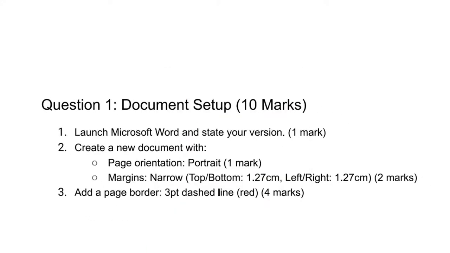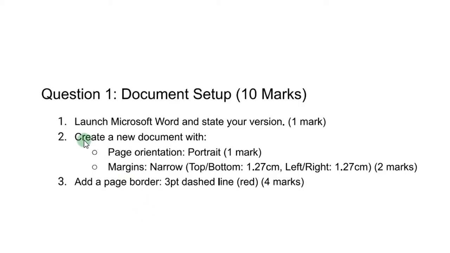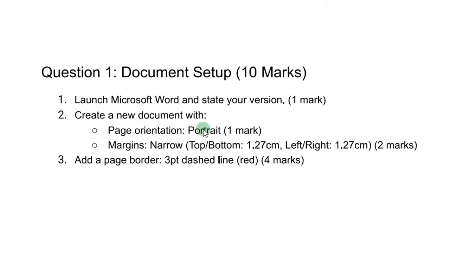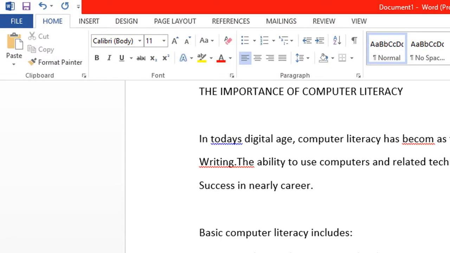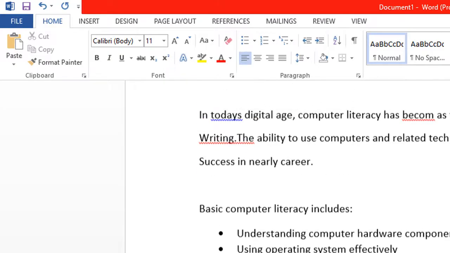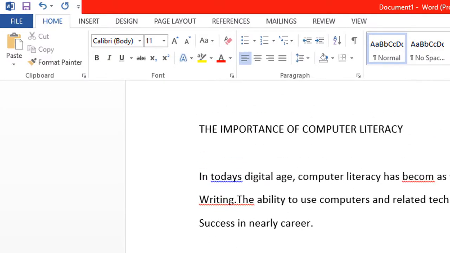Good. Now the second question, they say create a new document, so you have already created a new document, with page orientation portrait. So the page orientation here is what? Portrait. So how are we doing it? Let me move here. Good. At this level, to make that is very easy. So you're going to click here on page layout.